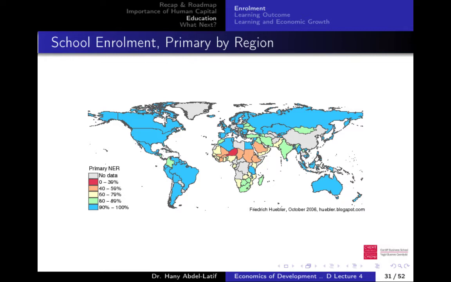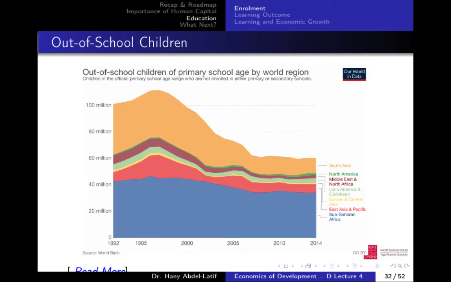So if we look at the children out of school, the children who are not in school, for the whole world, we had 100 million children who were of school age but not in school. That was 1992, 100 million.